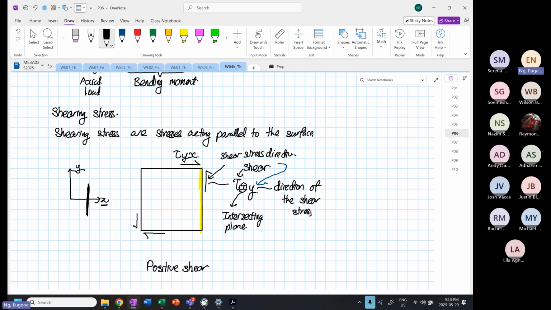And in positive shear, I'm going to draw the deformation pattern. The deformation pattern looks like this. Some of you may say, hey, that is a bit confusing.